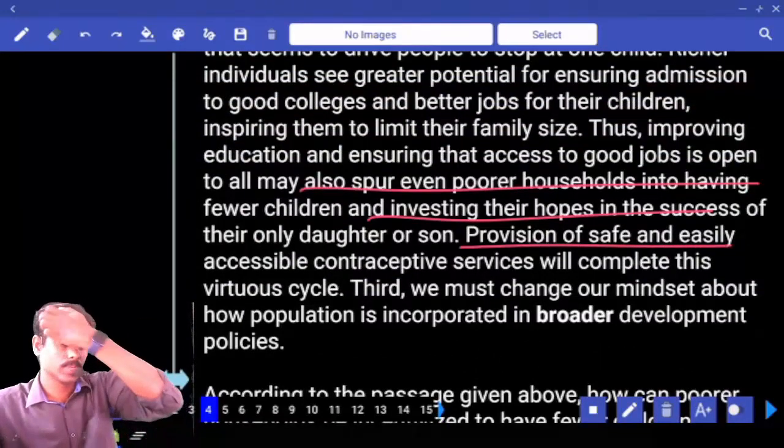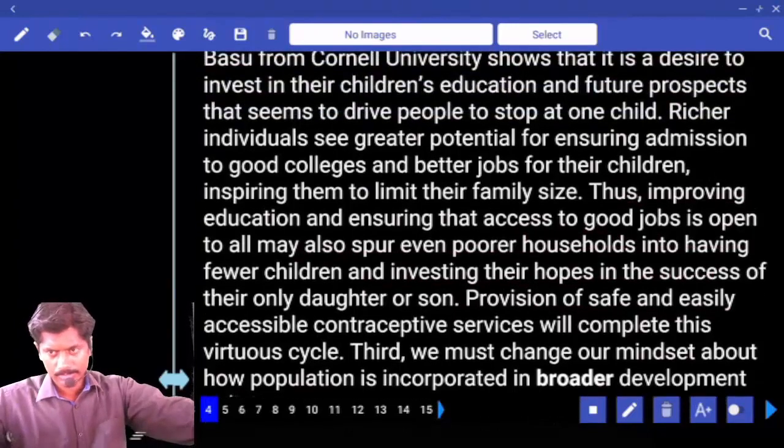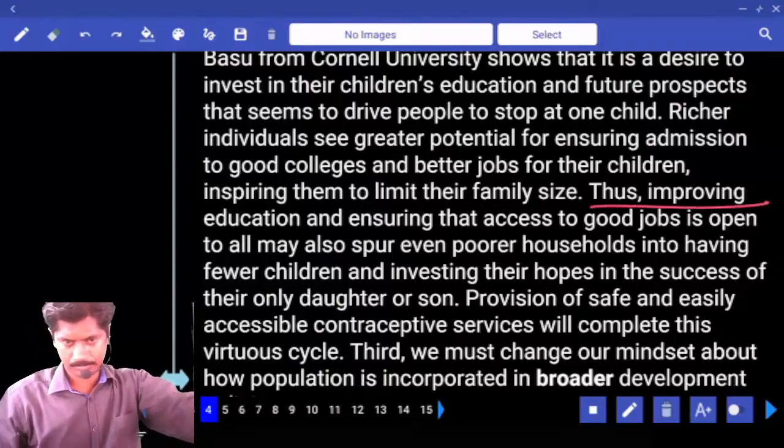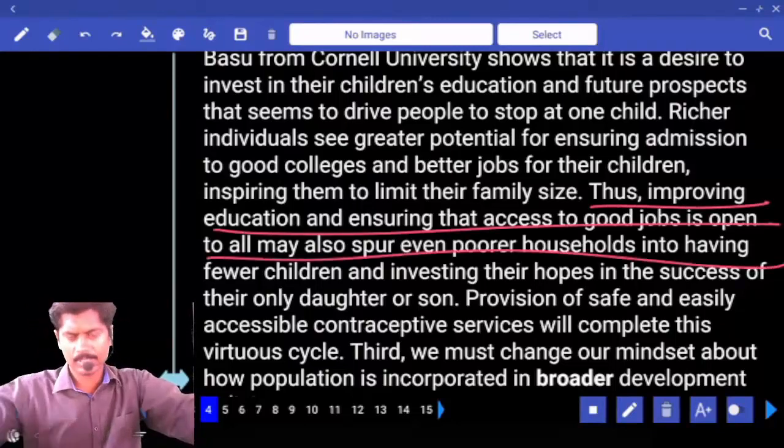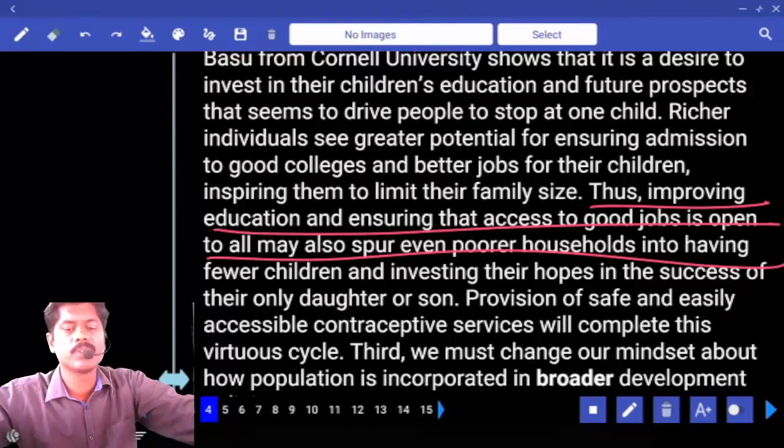Provision of safe, this one? Above that line. Thus, improving education and ensuring that access to good jobs is open to all may also spur, spur means stimulate, provoke, even poorer households into having fewer children and investing their hopes in the success of their daughters.